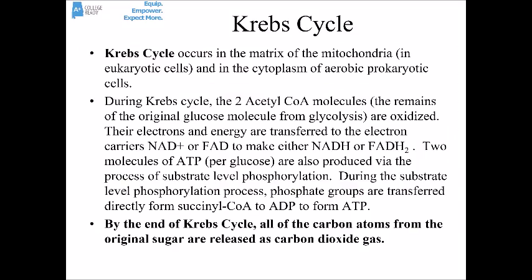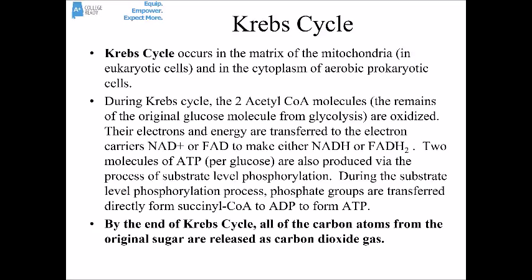So the Krebs cycle, as we said earlier, occurs in the matrix of the mitochondria in eukaryotes. It occurs in the cytoplasm of aerobic bacteria or aerobic prokaryotic cells. During the Krebs cycle, the 2-carbon acetyl coenzyme A molecules are oxidized.